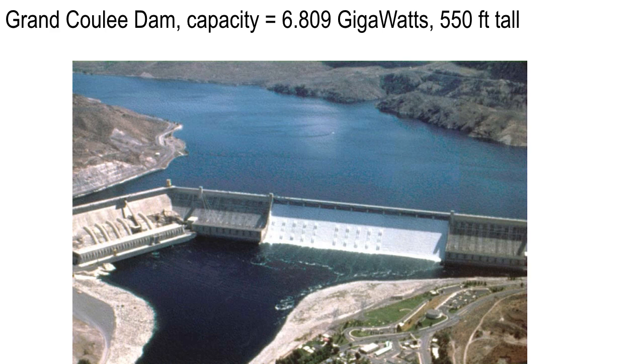So they're converting GPE into electrical energy. But that's about 550 feet tall. That's about 6.809 gigawatts of power there. So that's a big one. The power station in New York that I showed you last time is approximately 1 gigawatt of power.